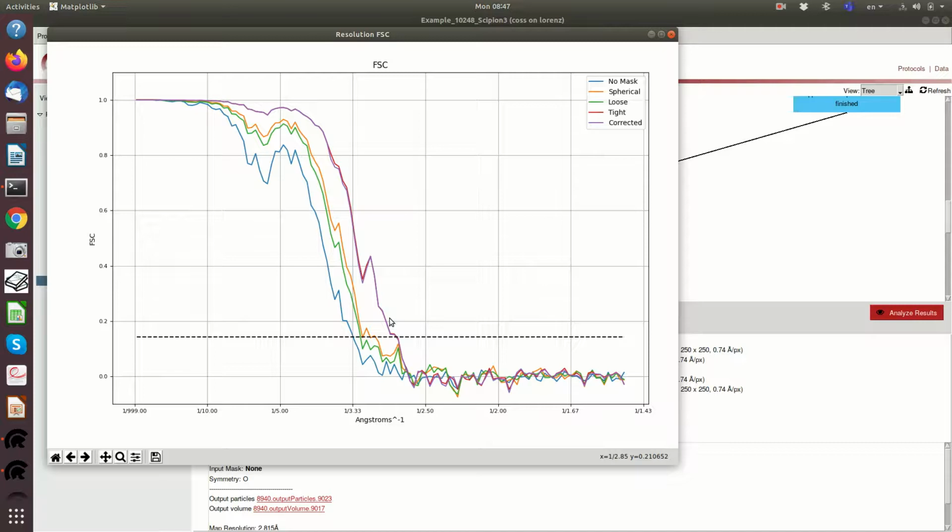It doesn't mean that all masks are nonsensical, but there is a severe risk of inflation. But still we see that the resolution is somewhere between what we expected, somewhere between 3 and 2 angstroms, in this case 2.8 angstroms.